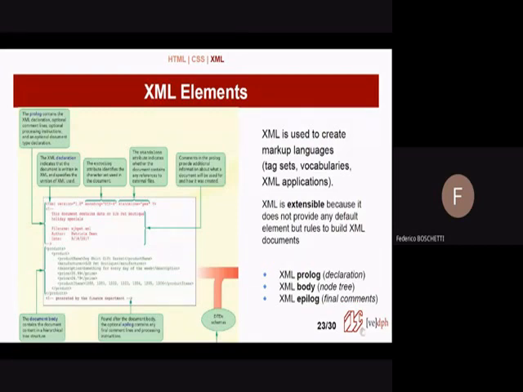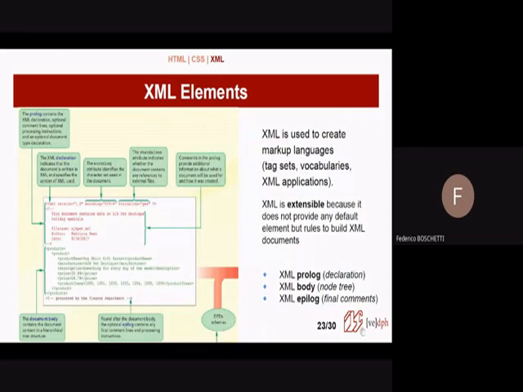At the beginning, we saw a list of more or less 100 HTML tags. Okay, so a limited, a closed set of tags. On the contrary, XML defines the rules to create your own language, so your own vocabulary and your own syntax and your own grammar, to define which are the relations among the elements.